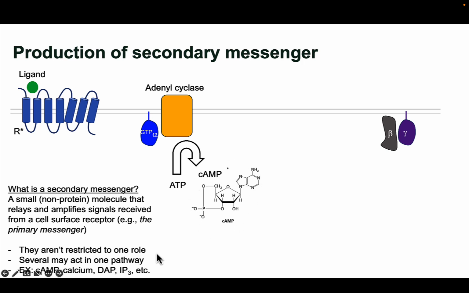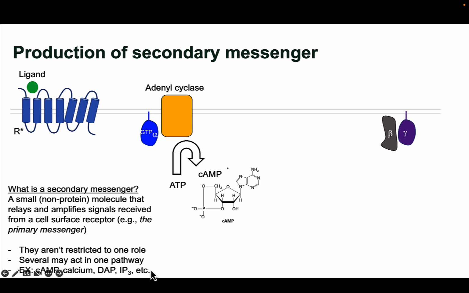I'm going to give one example of what cyclic AMP activates, but they aren't restricted to one role, and several may act in a single pathway. So I'm only focusing on cyclic AMP, but several could be acting downstream of G protein coupled receptors.